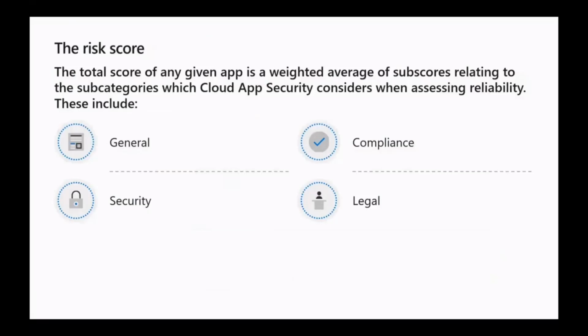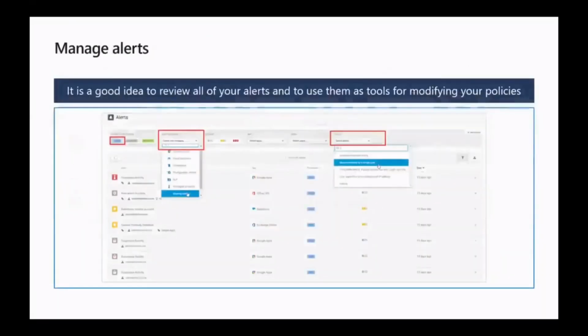And speaking of alerts, generally speaking, it's a good idea to review all your alerts and use them as tools for modifying your policies. Alerts in short are the entry points to understanding your cloud environment more deeply.